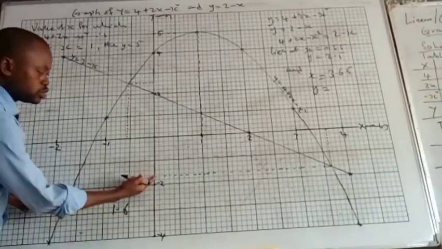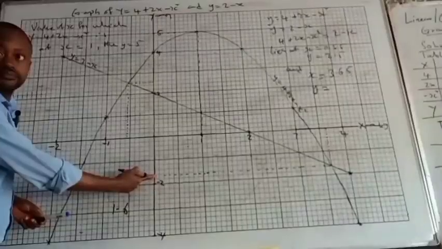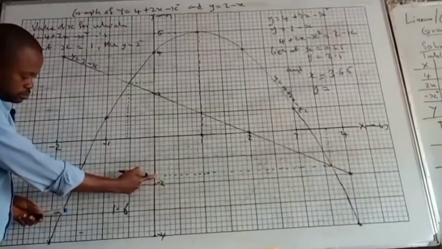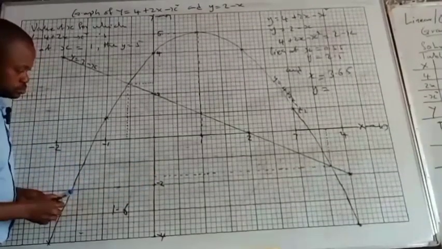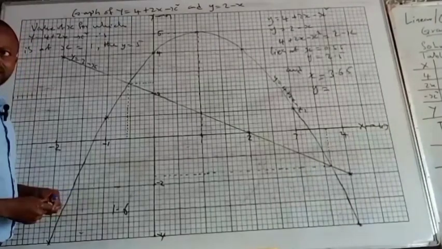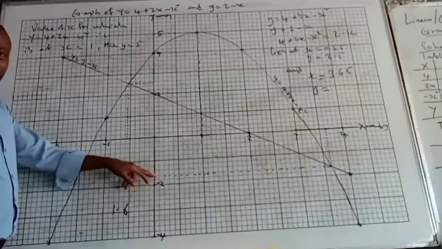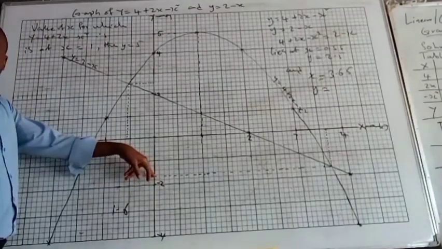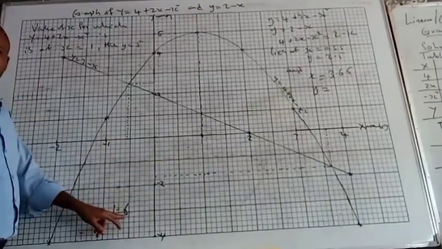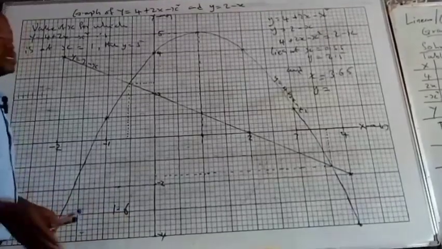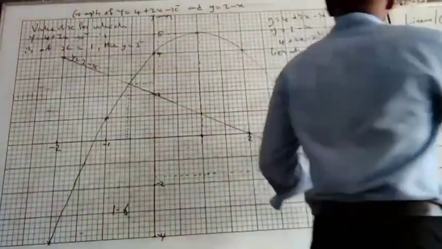Then 1.6 now. What are we going to add here? 0.1. 0.2 divided into 2. This is a very small part, but let's just make it 0.1. So this will be 1.7. Please, your graph should be more accurate than this.